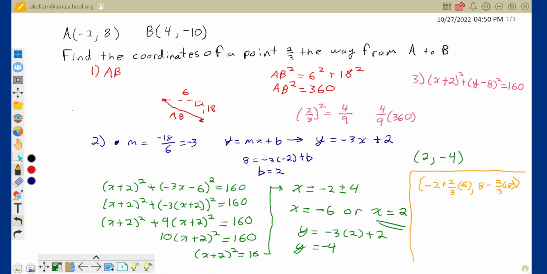So 2/3, just simplify everything down. So what we have is -2 plus 4 and 8 minus 12.